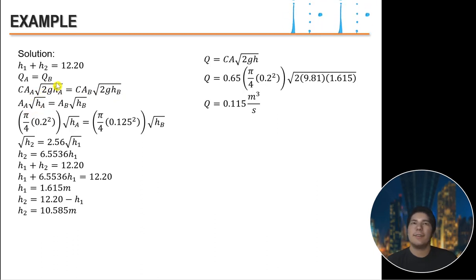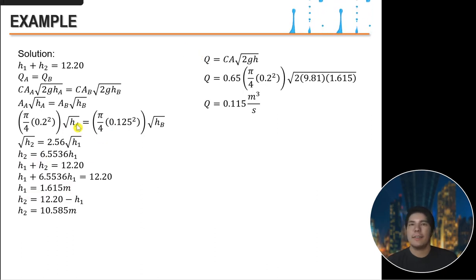Bali yung matitira is yung area tsaka yung square root ng H. Simplifying that, we get H2 equal to 2.56 square root of H1, so yung H2 natin is 6.5536 H1. We know H1 plus H2 is 12.2, so we just substitute the value we get for H2 in function of H1 and we can now get the value of H1.